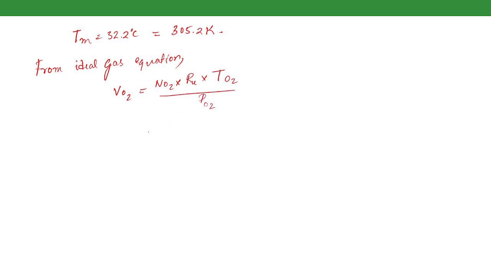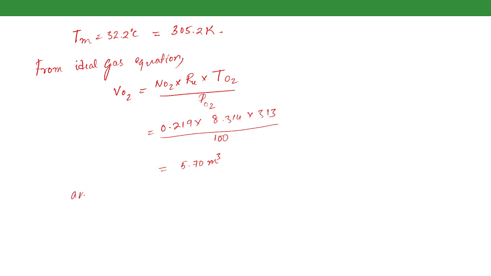So let us put in the values: 0.219 multiplied by 8.314 multiplied by 313 divided by 100. This value comes out to be 5.70 meter cube.